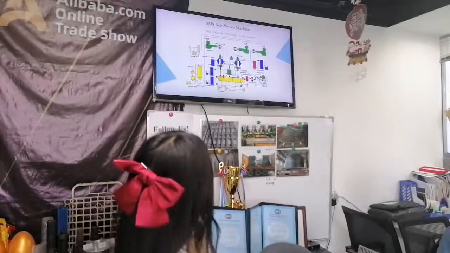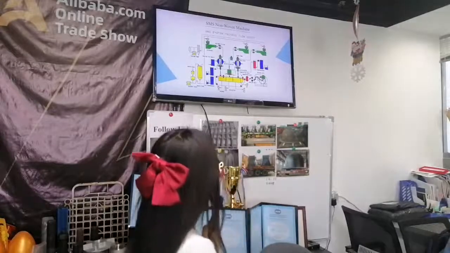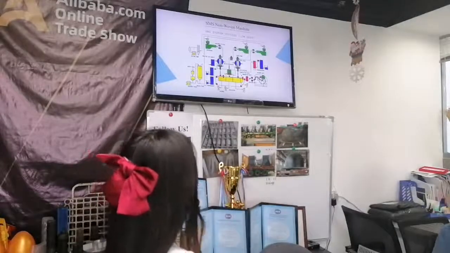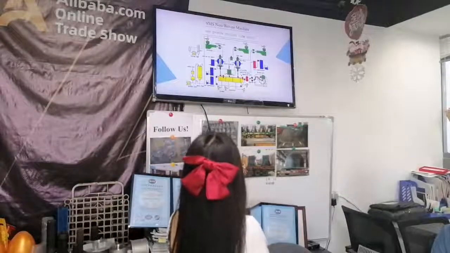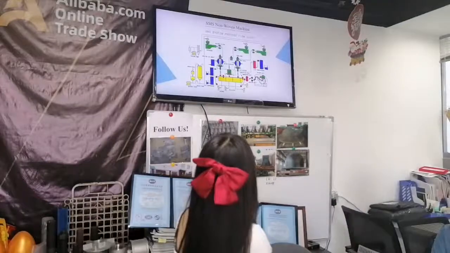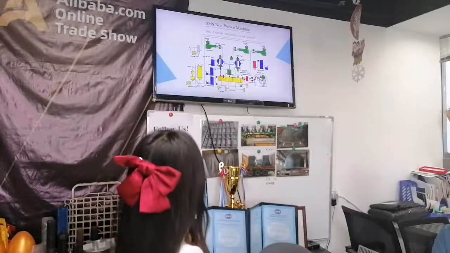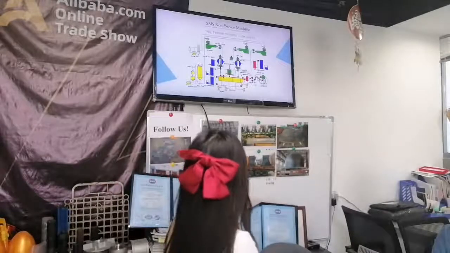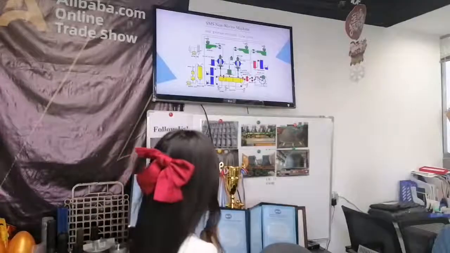This SMS non-woven system process flow sheet, and they have chlorine L group, rainbow tape.